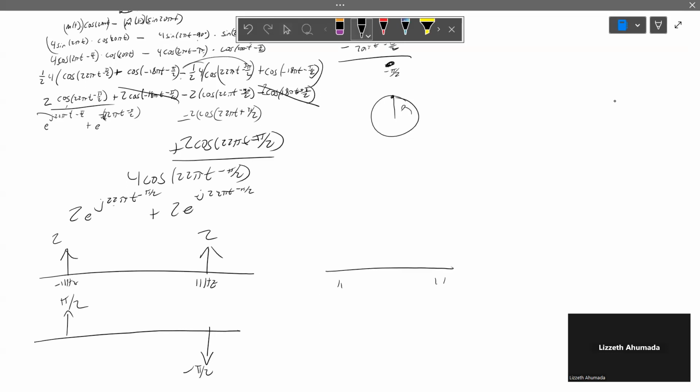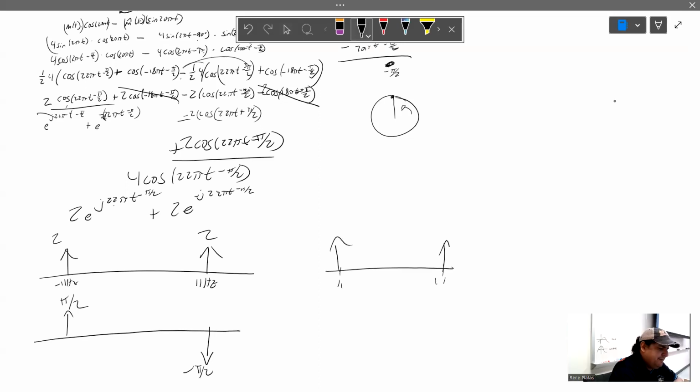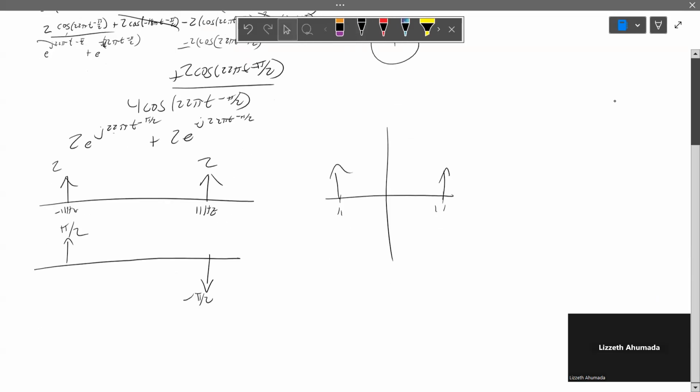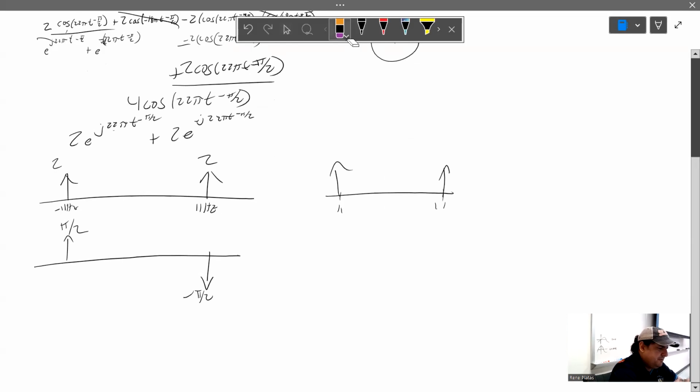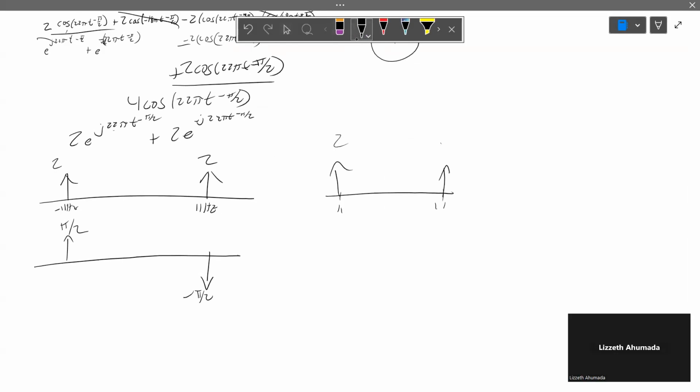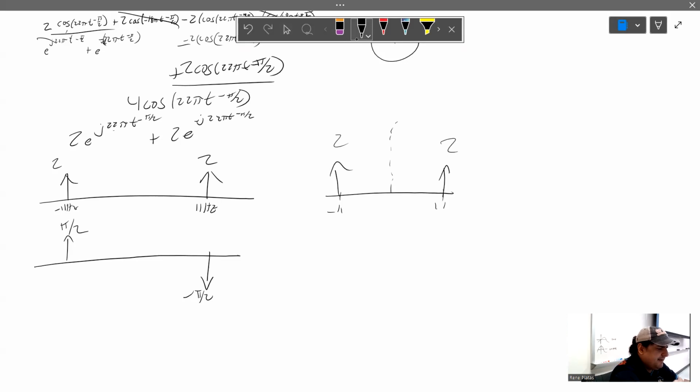I believe so. 11 and 11, because they have to be symmetrical. Right, and they're both amplitude of 2. No, only one is amplitude of 2, which is negative 11, and then positive 11 has an amplitude of 0. Well, that breaks his own rules, because he says that they have to be symmetrical about 0.